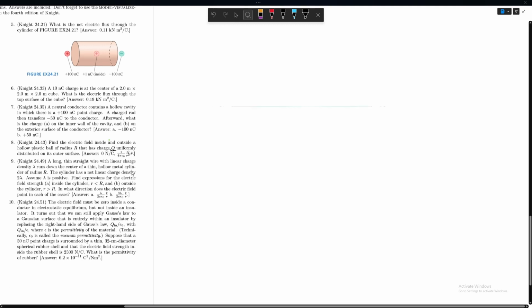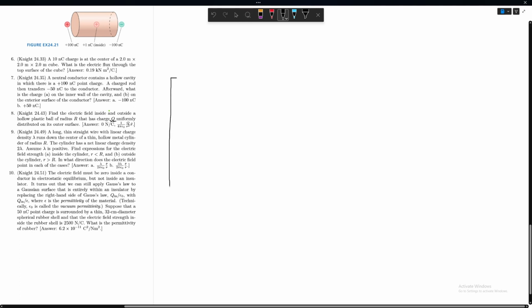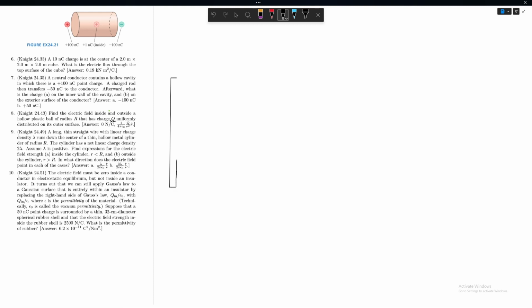All right, now we're getting to a little bit harder questions. Here we have a long, thin, straight wire. So long, and when they say thin, they mean a linear. So this is like 1D. And this is infinitely long.